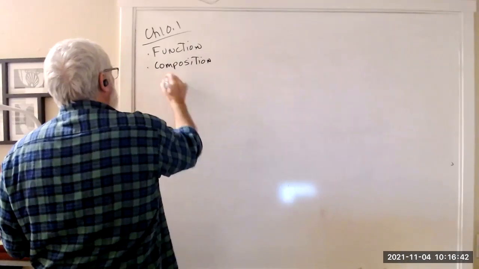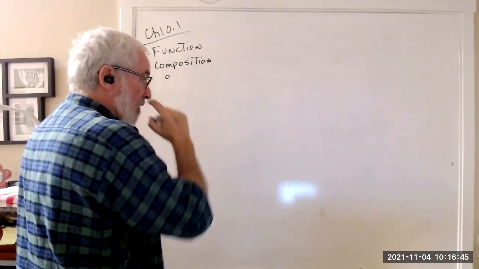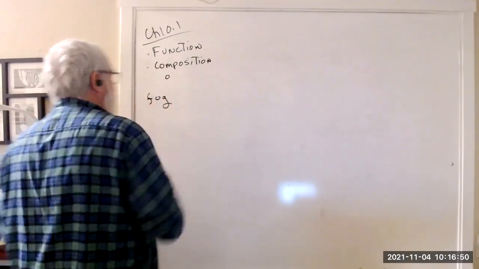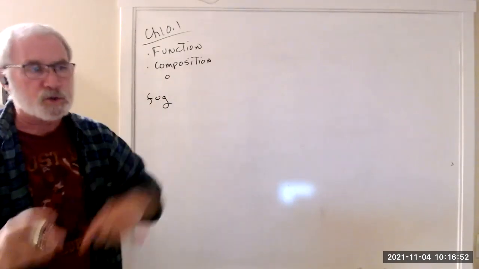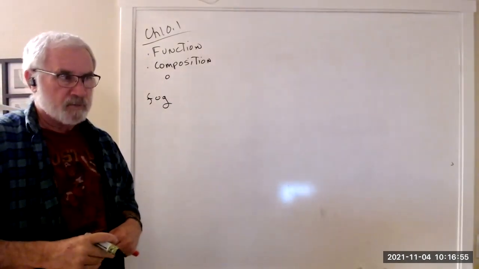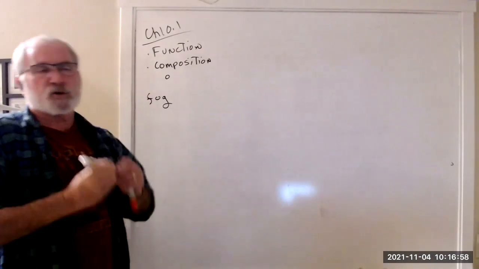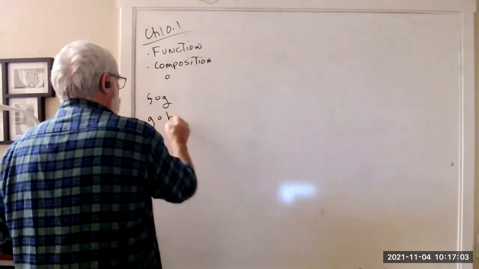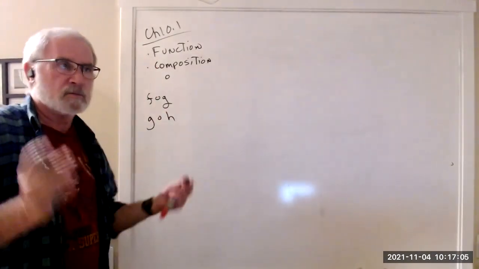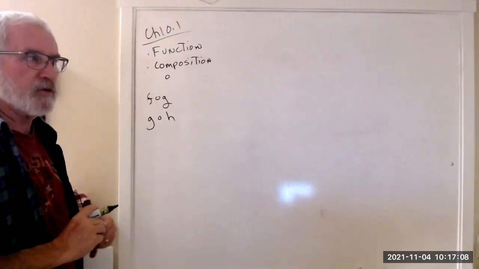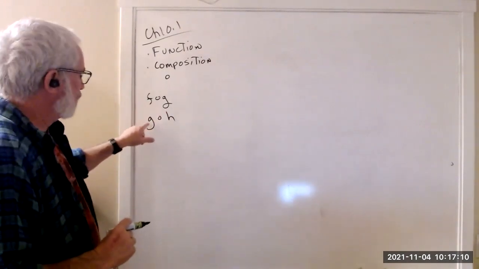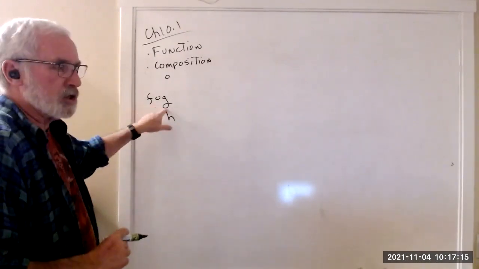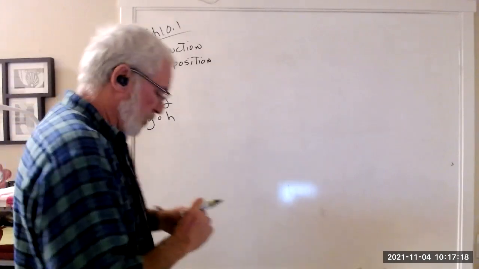And that's where we introduced a little tiny circle. And so we write F circle G. You're supposed to say F composed with G, but most people just say F circle G because they're lazy, or G circle H, or whatever the functions are. You're supposed to say G composed with H, or F composed with G, but everybody's lazy. But that's called function composition.